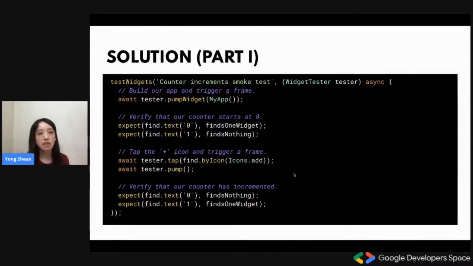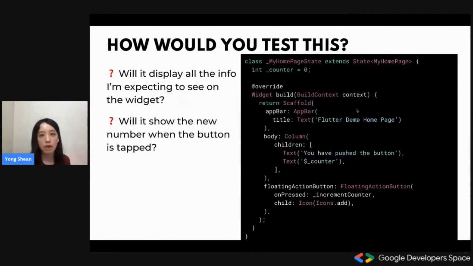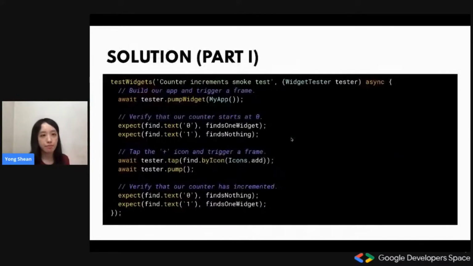So how will you write the test? First, you have to pump the widget. My app is actually the root widget that contains this my homepage widget. You can also only pump the my homepage widget if you want. So it depends on you what is the context of the widget you want to test.